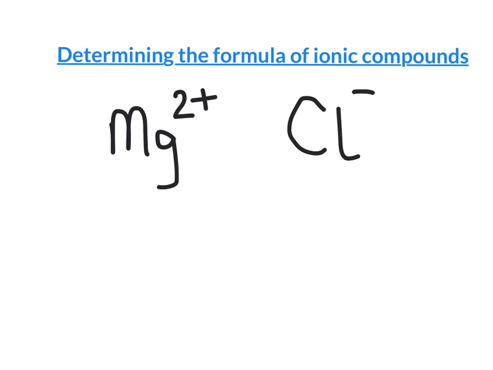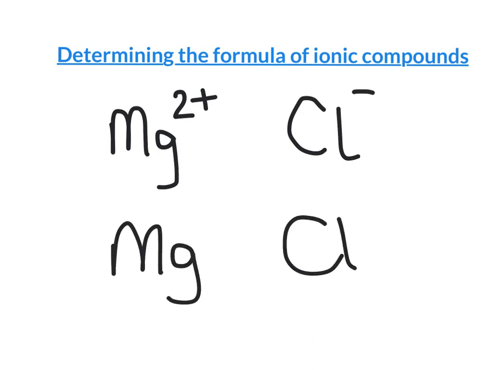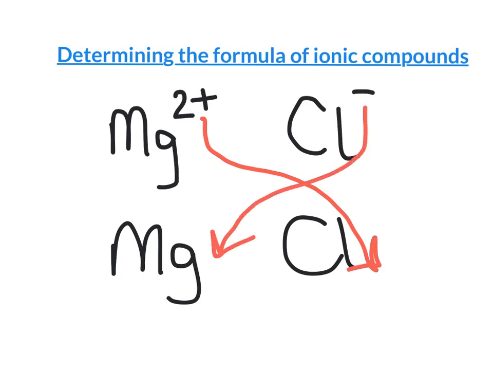Just got to write the ions with their charges. Underneath, we're going to write the two atoms, magnesium, chlorine, okay? And to figure the formula of the ionic compound, we just got to do a swap and drop. We're going to swap and drop the charges. So on the magnesium, there's a 2 plus charge.